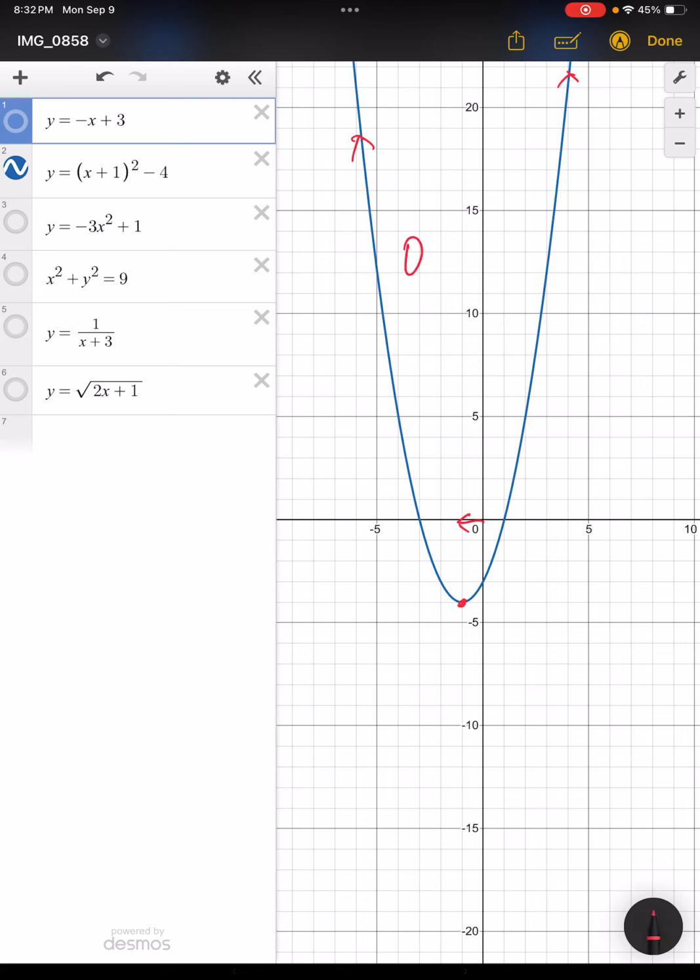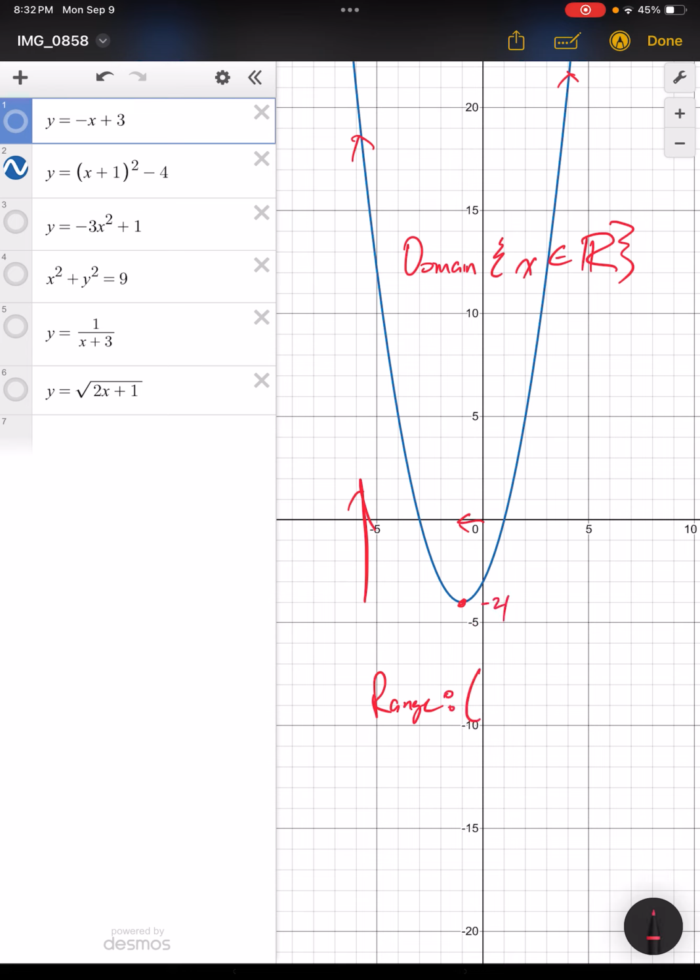So actually the domain is x element of reals. And the range goes all the way up, but it doesn't go anywhere below -4.